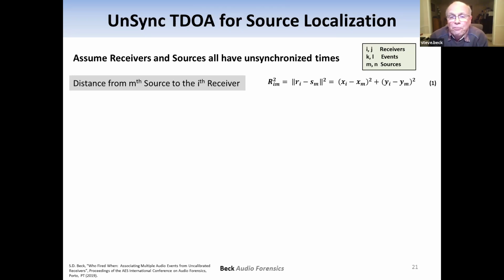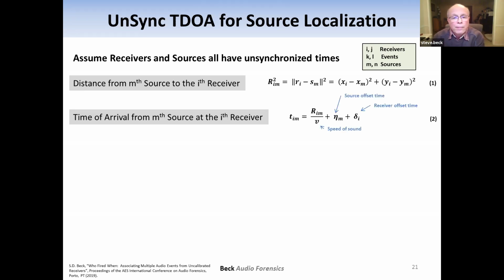So first of all, we'd like to know, can we locate the source if everything is unsynchronized? Even if you know where the receivers are, and typically you don't, but assume you do, but they're not synchronized, is it possible to locate the source? If we start out by looking at the distance from the source to the receiver, we can get an equation.